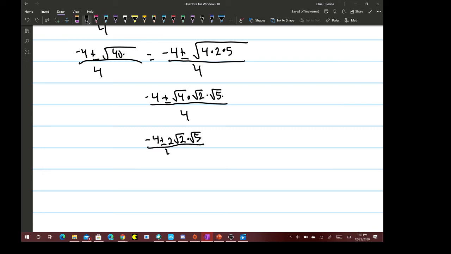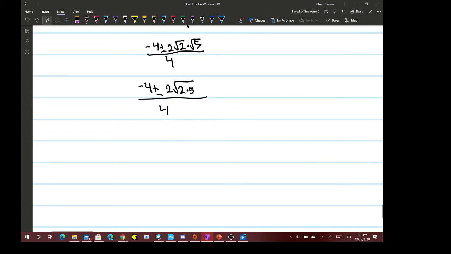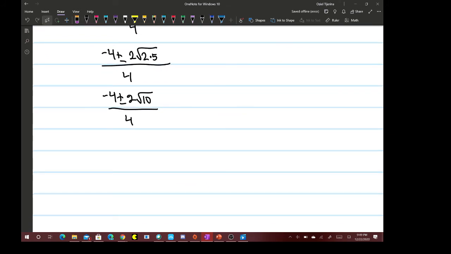all over 4. And then you would say this is negative 4 plus or minus 2 square root of 2 times 5, all over 4, which is negative 4 plus or minus 2 square root of 10, all over 4. And you can simplify this a little bit more.